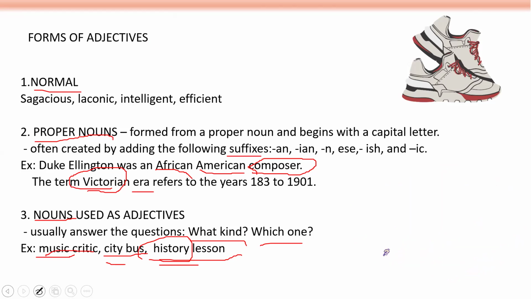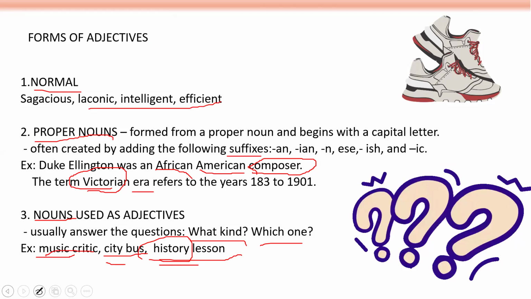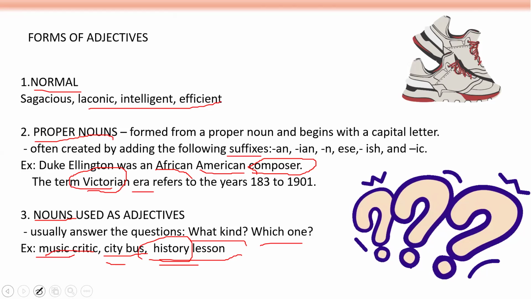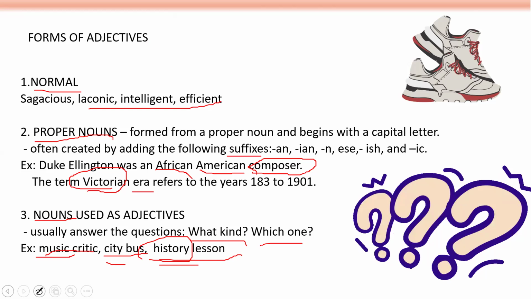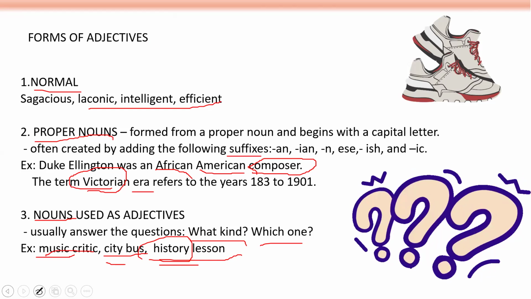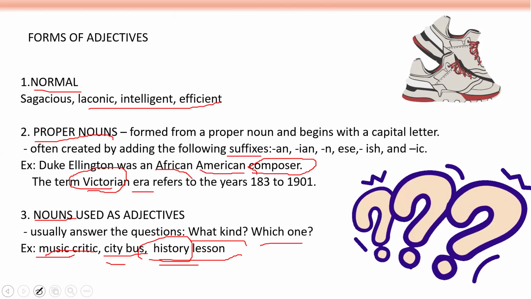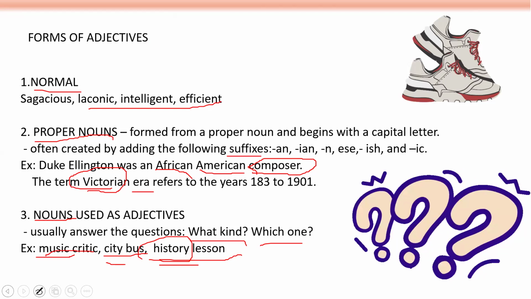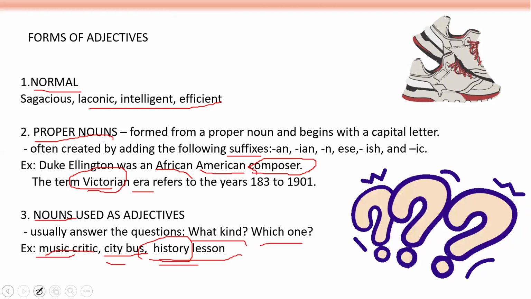So the different forms of adjectives: number 1, normal form. Those are the basic adjectives that are located before the noun. Beautiful lady. Okay? Next, we have proper nouns like American singer, Filipino actress, British accent. What kind of accent does she have? British accent. Okay?